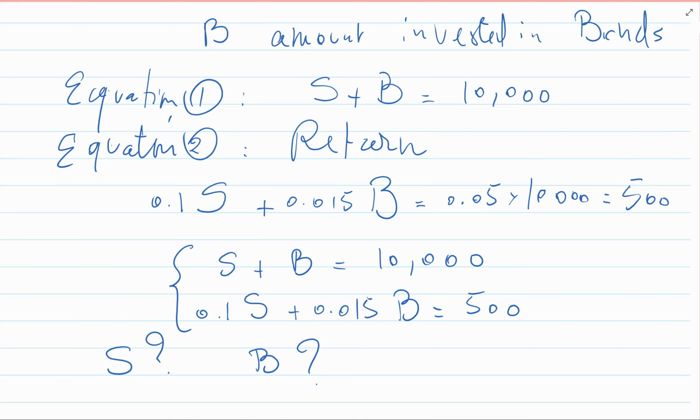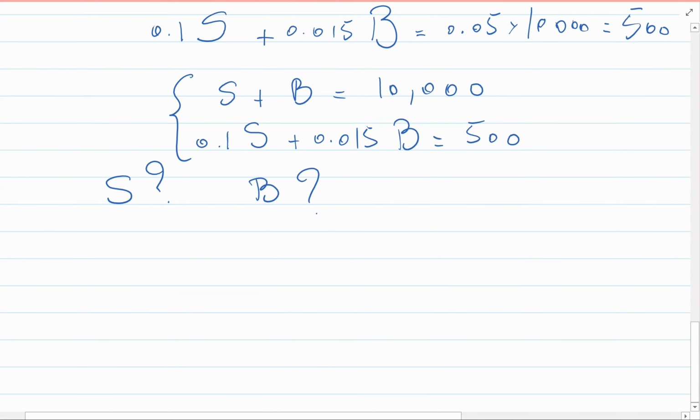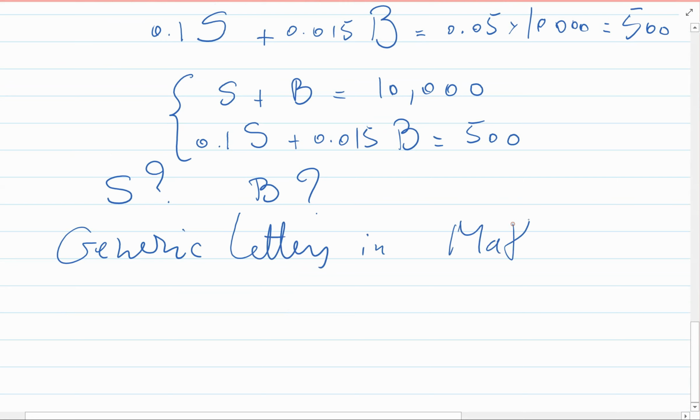I will say something later on about this. I said this is an example and the motivation. So let's not use S and B. What are the generic letters in math for the unknowns?